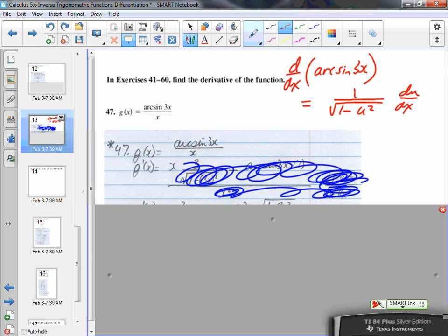That's the formula. So for this particular problem, that'll be 1 over the square root of 1 minus, well, if we're trying to find the derivative of the arc sine of 3x, u is 3x, isn't it? So 3x in parentheses squared, and then times the derivative of u, which is 3.